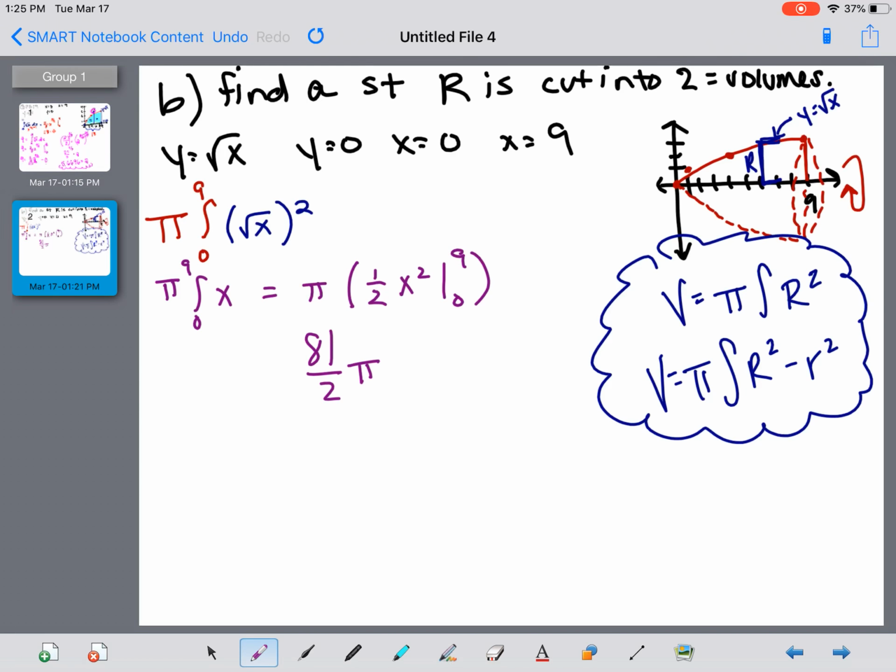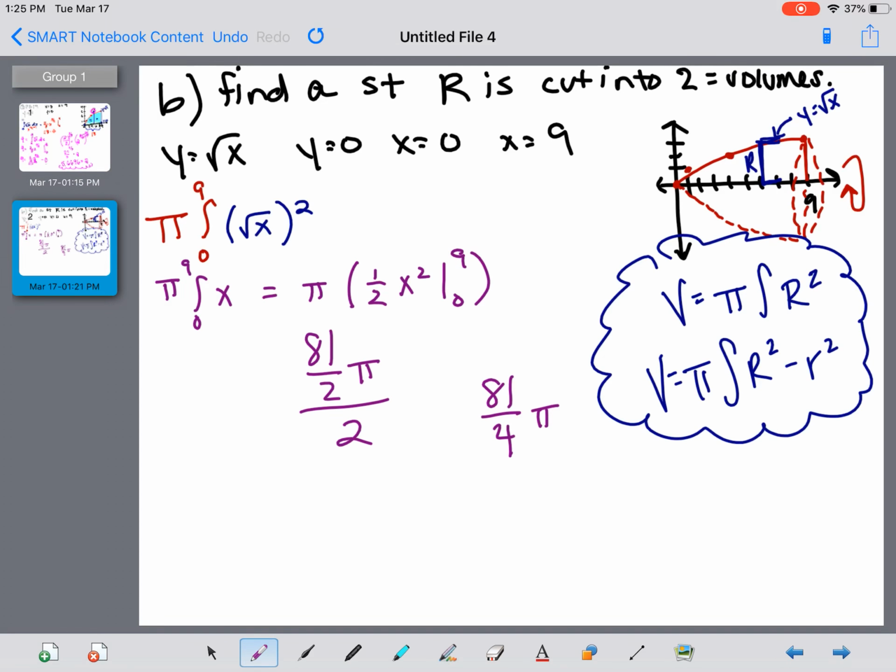Technical difficulties, my bad. I think we're back now. So this is the entire volume, and we want to know what value of A will cut this in half. We're going to do the exact same thing we did before, and find the value of A that cuts this into two pieces. So that would be 81/4 pi.